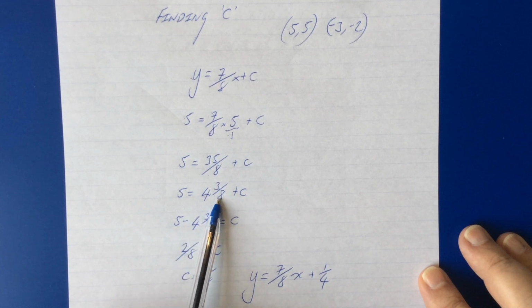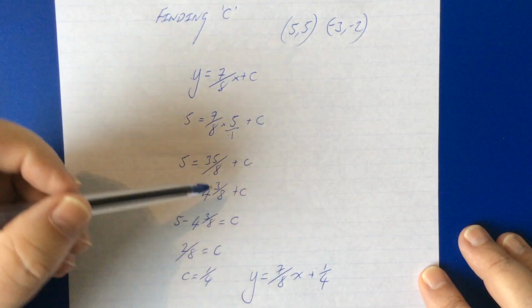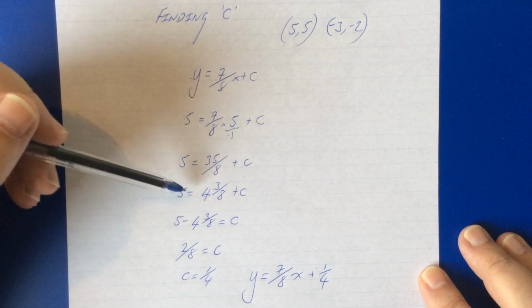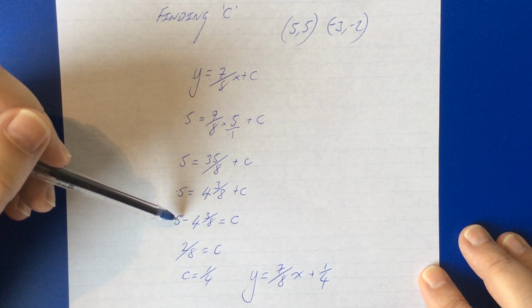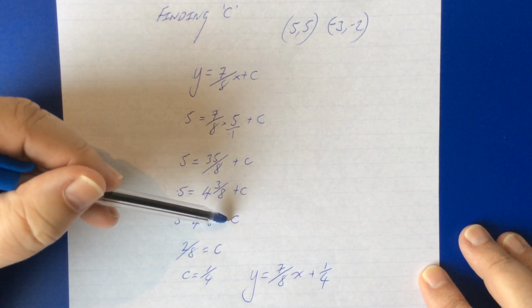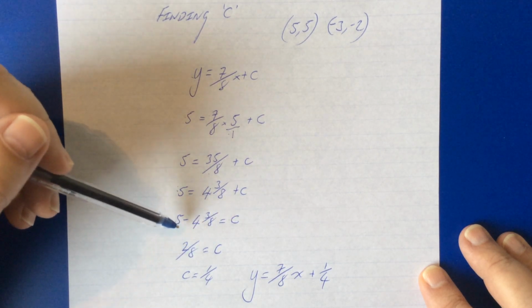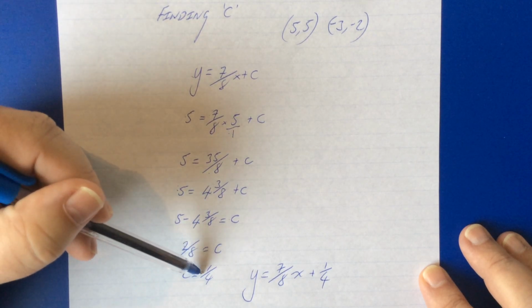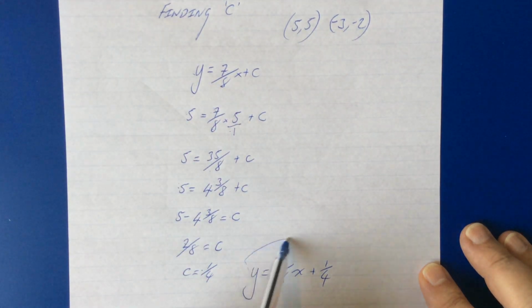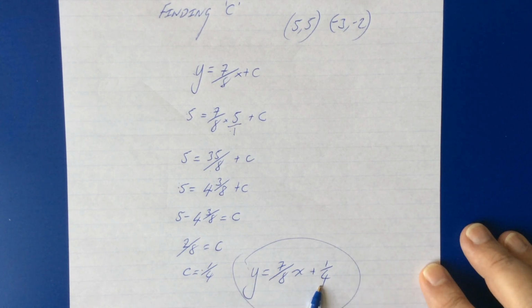So in order to get c on its own, we subtract this number from both sides. So we wind up with 5 minus 4 and 3/8 is equal to c. The difference between 5 and 4 and 3/8 is 2/8 or 1/4. Our equation is that. Y equals 7 over 8x plus 1/4.